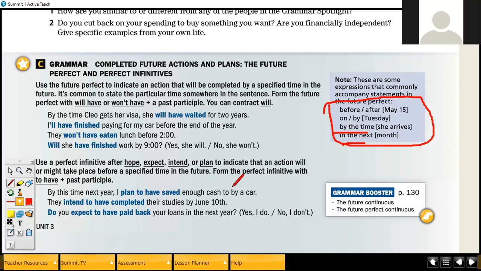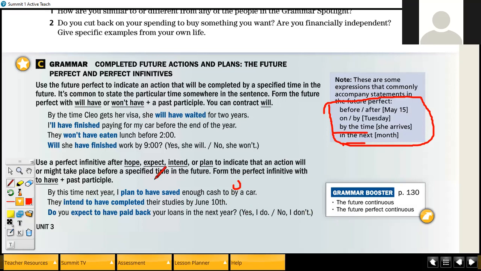By this time next year, I plan to have saved enough cash to buy a car. They intend to have completed their studies by June 10th. Do you expect to have paid back your loans in the next year? Yes, I do. No, I don't.